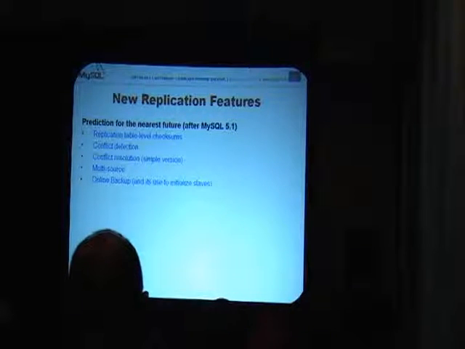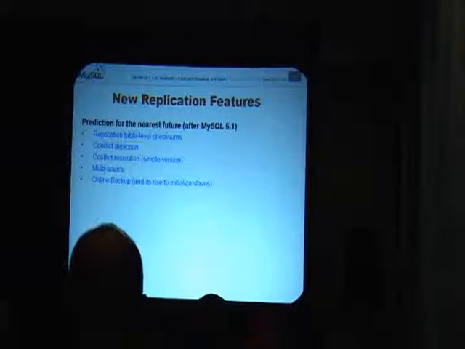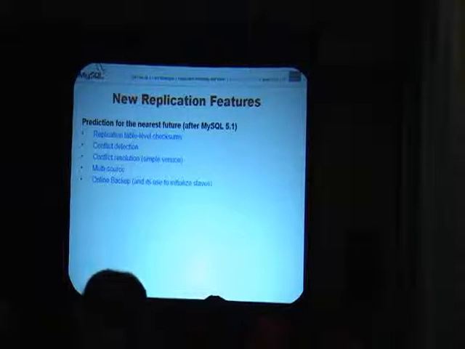And we want to connect this to load data from master, which is a deprecated command. This will be reintroduced so that you can execute it on a slave and it will send over the information somehow and you continue with the replication. So that will be the software.